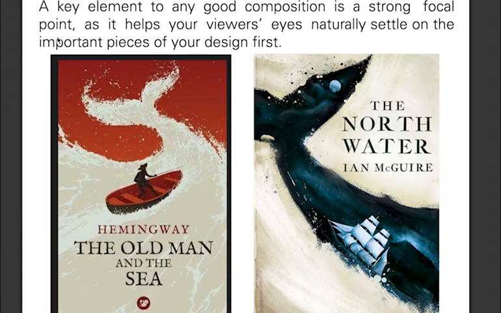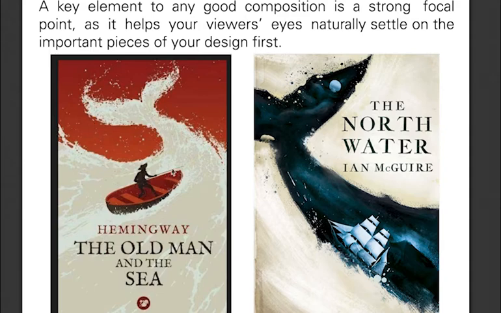A key element to any good composition is a strong focal point, as it helps your viewer's eyes naturally settle on the important pieces of your design, whatever is first. In these two examples, it's clear where the main focus is. This example is a little bit, I would say, controversial, because the negative space that creates that fin of a whale makes my eye want to go up, but then the eye falls back down onto the text.